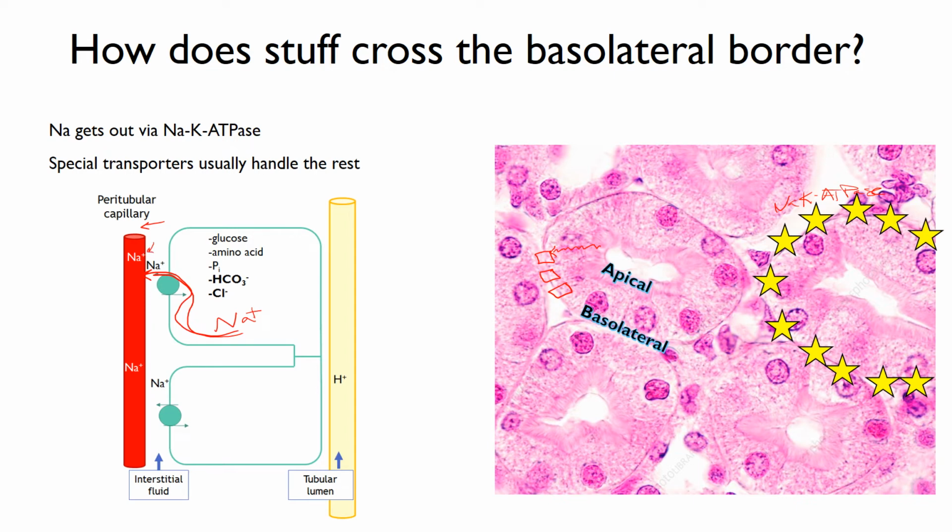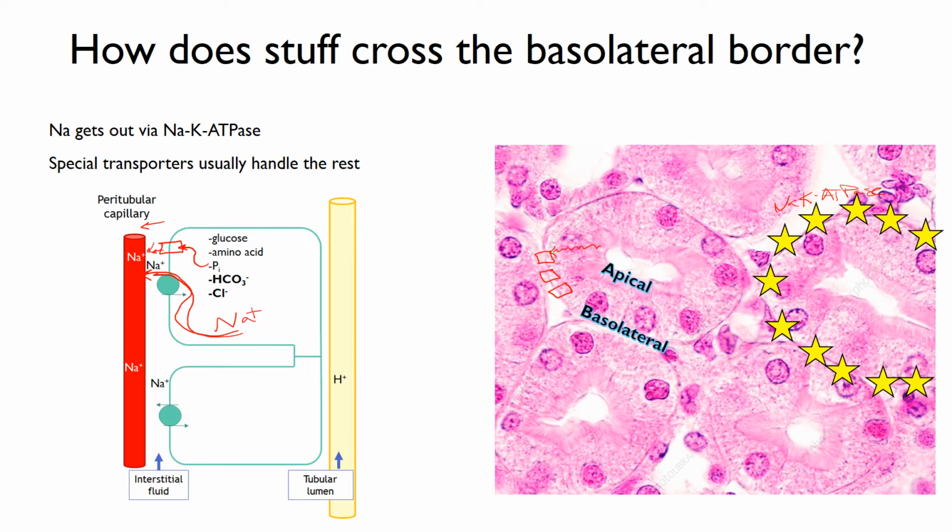All the other solutes, whether it's glucose, amino acid, chloride, potassium, organic acids, they pretty much cross the basolateral membrane for the most part using their own specially dedicated transporter. What that means is somewhere over here on the basolateral membrane is a special transporter that, say, for instance, transports inorganic phosphate.